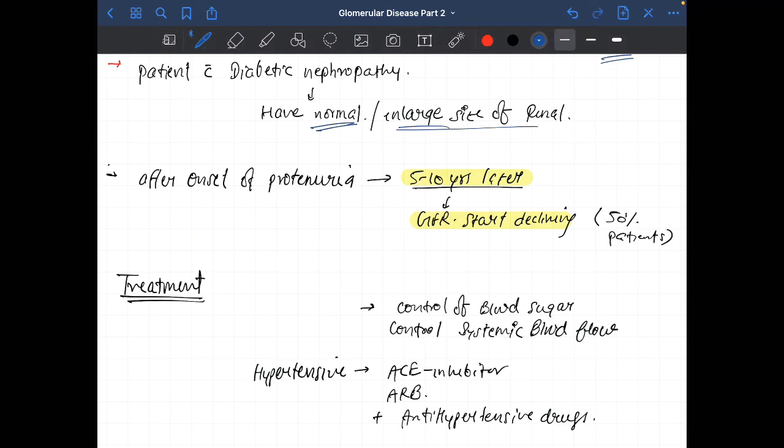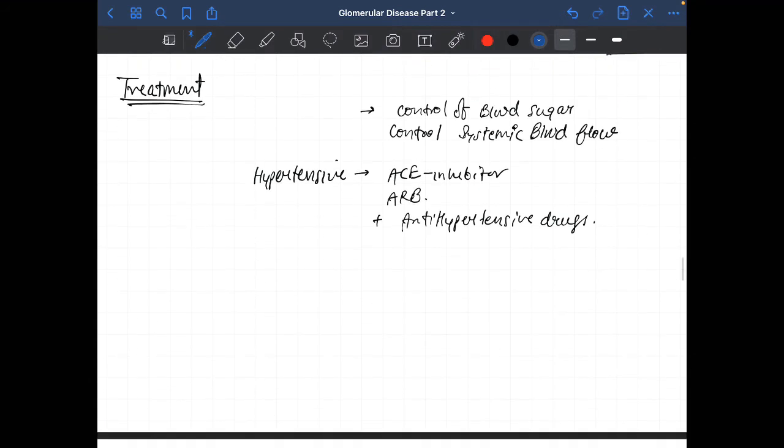Onset of proteinuria is 5 to 10 years after diagnosis, and GFR starts declining in 50% of patients later on. For treatment, basically if you control diabetes, you can control the renal disease also. So control the blood sugar and control systemic blood pressure. If the patient is hypertensive, give an ACE inhibitor, angiotensin receptor blocker, and antihypertensive drugs.